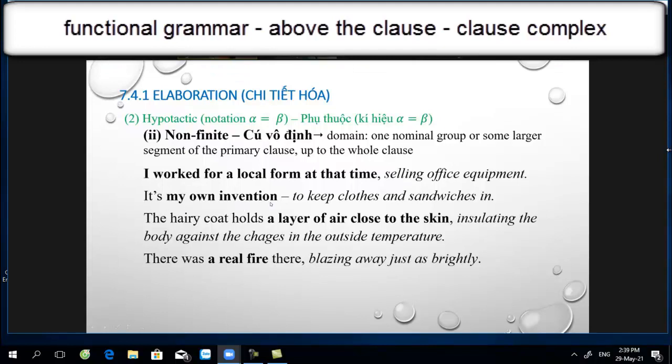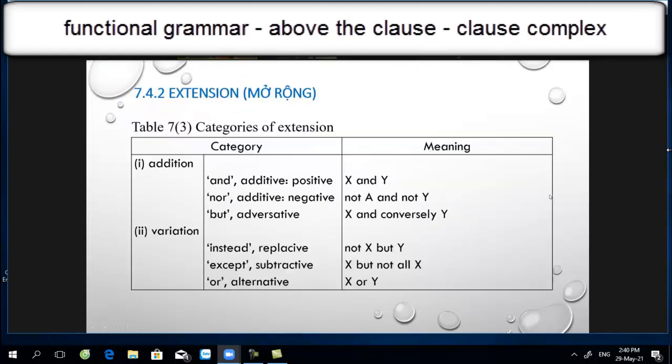It's my own invention to keep clothes and sandwiches in. The third one, the hairy coat holds a layer of air close to the skin, isolating the body against the change in the outside temperature. There was a real fire there, blazing just as brightly. So I have highlighted. Okay.